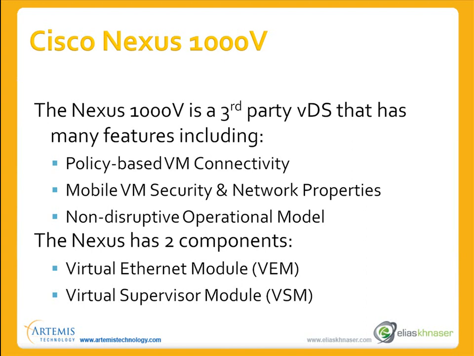So with the introduction of vSphere 4, you can now have third-party virtual switches that can plug in and take advantage of the VDS APIs and replace the VDS, or the vNetwork Distributed Switch, and act as the centralized virtual switch for your vSphere environment. Cisco is the first third-party company that has developed a virtual switch that can plug into the VDS API and take advantage of it and replace it.